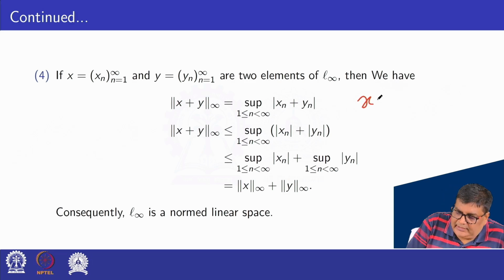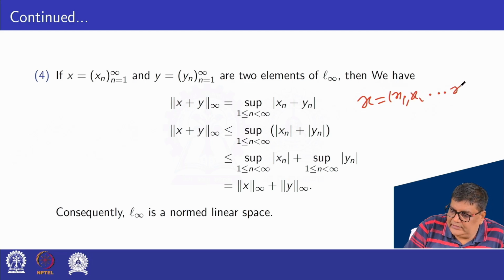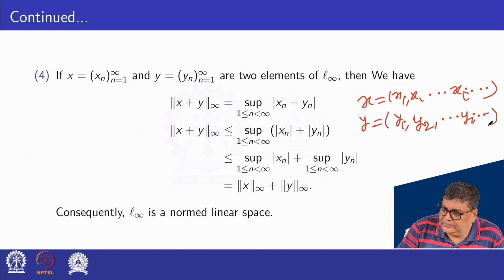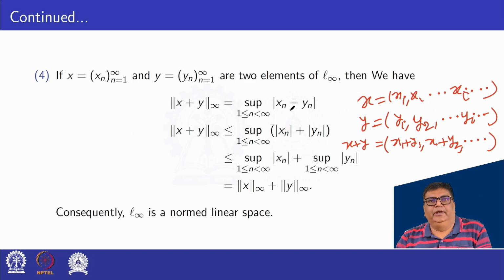Because x is equal to x1, x2 and so on, xi and so on up to infinity, and y is equal to y1, y2 and so on, yi and so on to infinity, then x plus y is equal to x1 plus y1, x2 plus y2 and so on up to infinity.